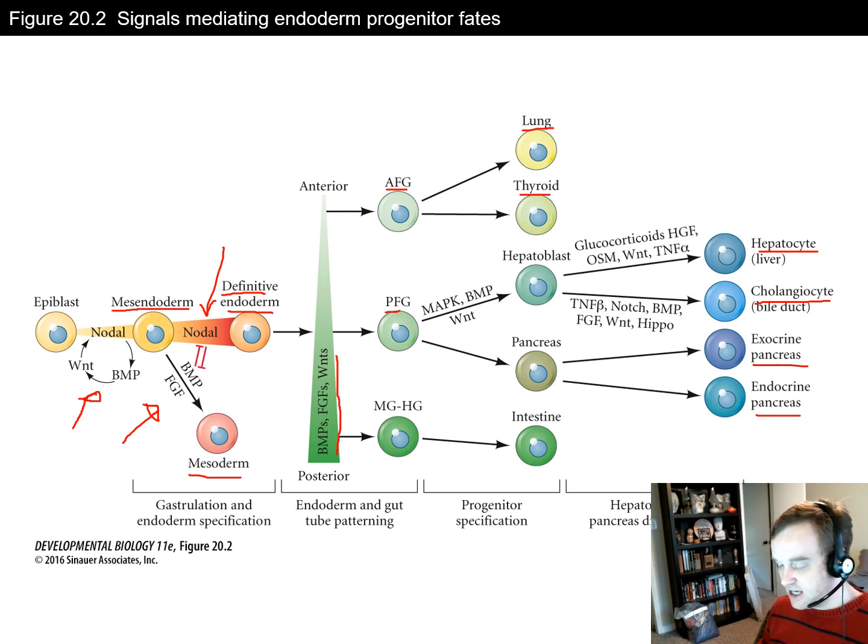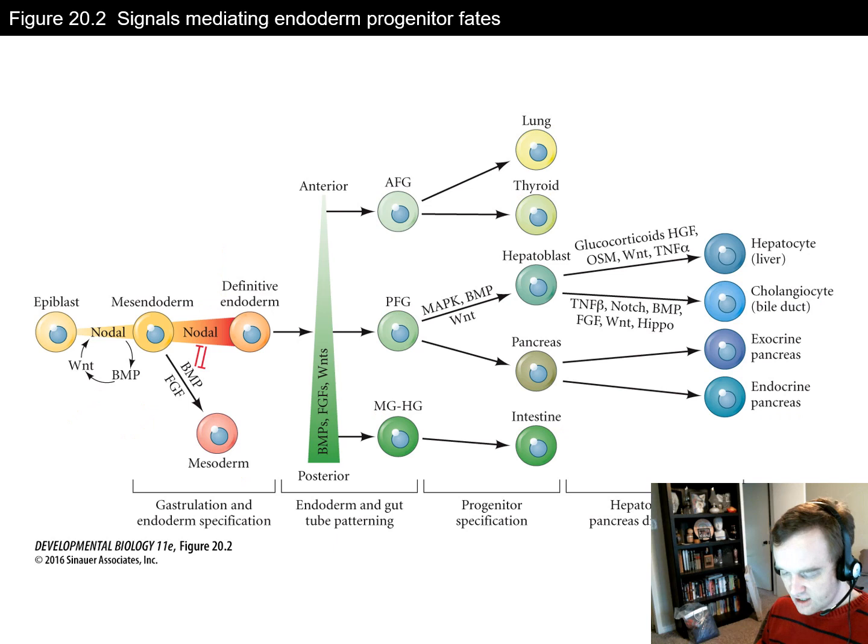And then lastly, if you're towards the more posterior, you become an MGHG cell and you'll develop into intestine tissue. Just to elaborate a little more, the AFG stands for the anterior foregut. The PFG stands for posterior foregut, and MGHG stands for midgut or hindgut. So these two are obviously towards the foregut, so higher towards the anterior end, and then midgut and hindgut are more towards the posterior end.